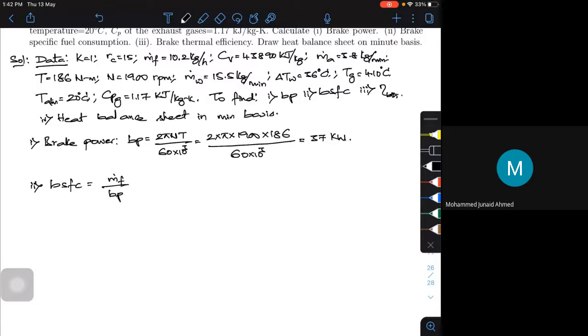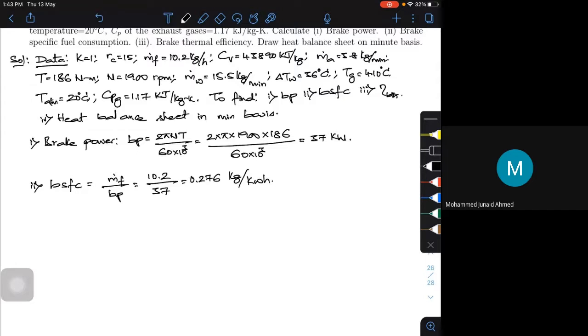The mass flow rate of the fuel is given directly, 10.2 kg per hour. So I did not divide it, because the specific fuel consumption unit is usually kg per kilowatt hour. So it is direct substitution, 10.2 divided by 37. Simply if I do that, I am getting around 0.276 kg per kilowatt hour.